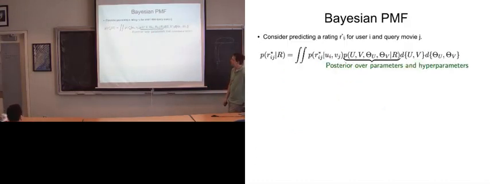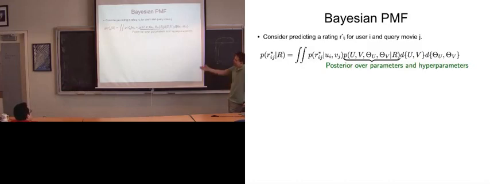So let's look at this particular example. Remember at the beginning of the class, we looked at the Bayesian probabilistic matrix factorization, and we looked at this expression for the posterior over parameters and hyperparameters. We said that posterior is pretty complex, and doing some form of Metropolis-Hastings could be very slow.